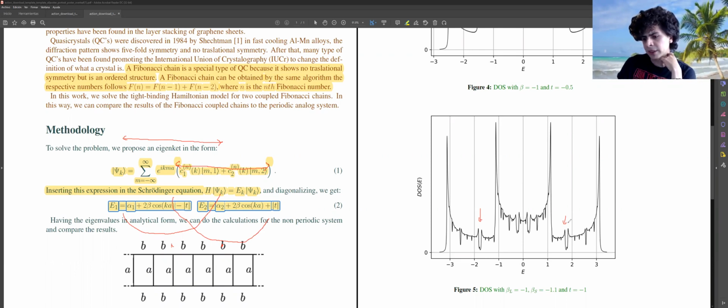If we remember the Peierls distortion, we can see that these gaps form because of two different hopping parameters, β_L and β_S. But we see that both densities, this and this, are centered at -1 and 1.